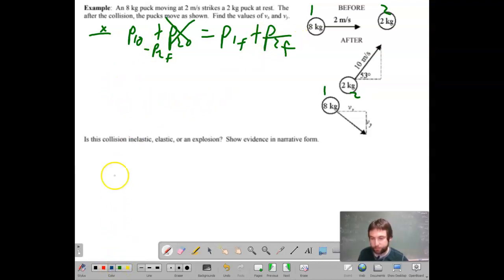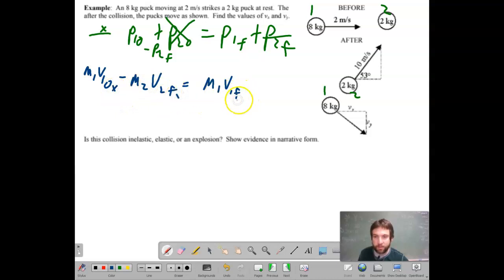Next step. Now we're going to break it apart. M1 V1 naught minus M2 V2F equals M1 V1F. And remember, this is all in the x direction.